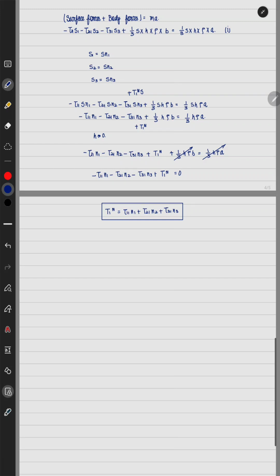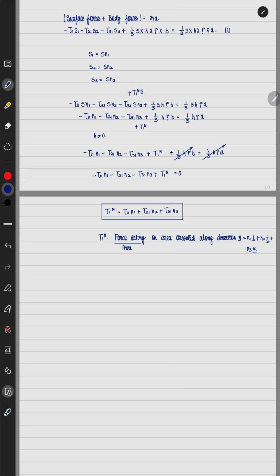So what is T1N? This is force acting per unit area on area oriented along direction n, which is equal to n1 i cap plus n2 j cap plus n3 k cap, something like this.